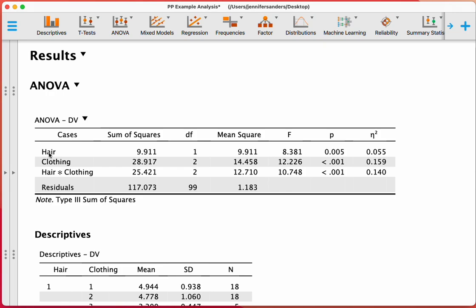So this first row is the main effect of hair, the second row is the main effect of clothing, and the third row is the interaction effect. So this is my first hypothesis, my second hypothesis, and my third hypothesis. Going across the columns, I have sum of squares, degrees of freedom, mean square, the F statistic, the p-value, which tells me the significance, and the effect size, which is an eta squared.